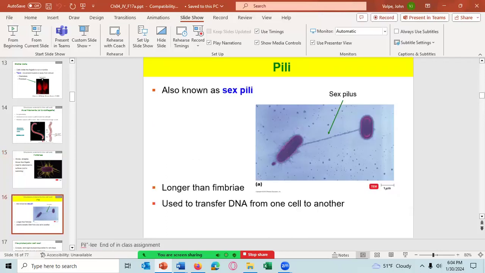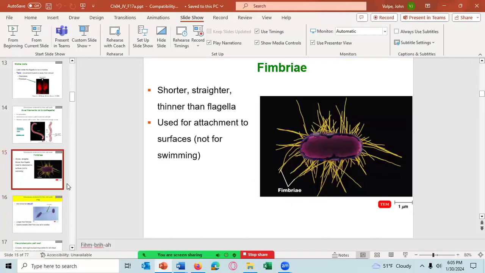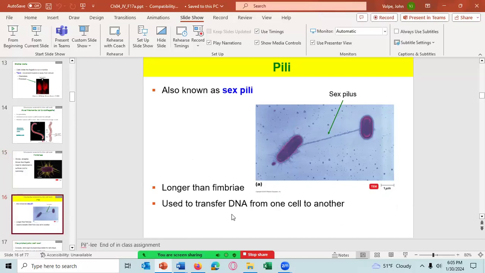The pilus is a structure on a few bacteria that differs from the fimbriae in the sense that there are multiple fimbriae, but there's only one pilus.